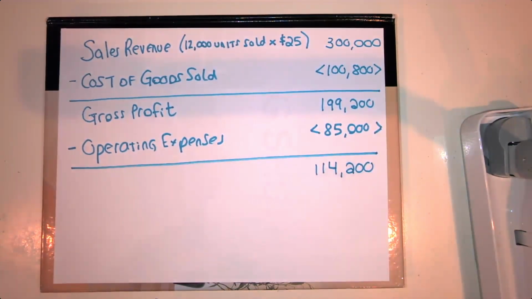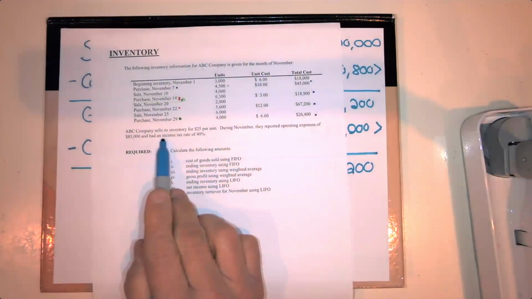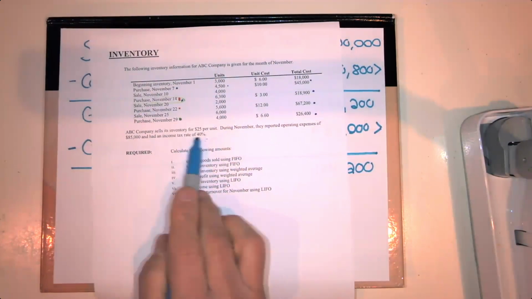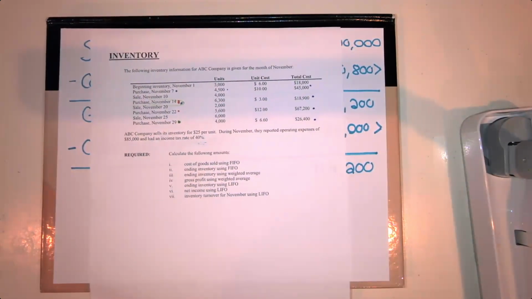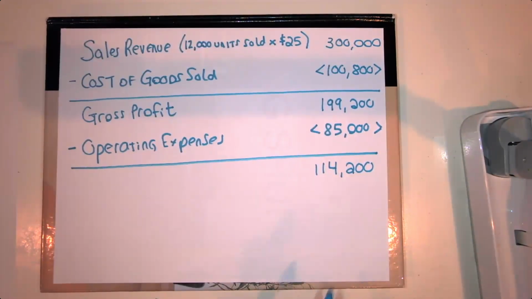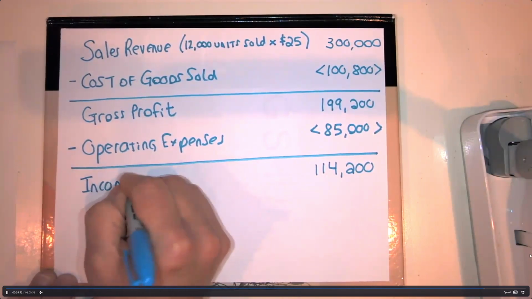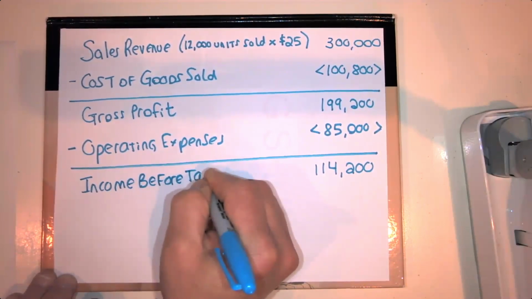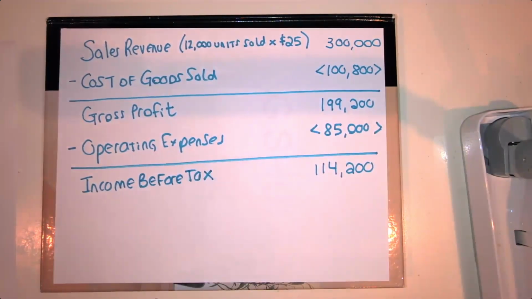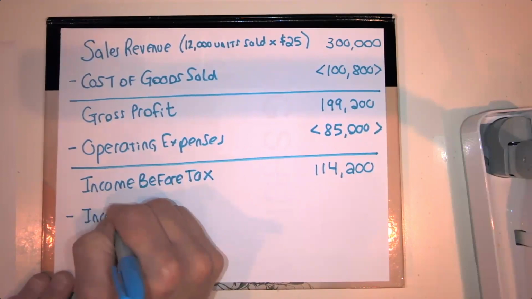But I have to recognize I have still not yet accounted for our taxes. All the problem says is we had an income tax rate of 40%. So let's call this 114,200 our income before tax. We still have to subtract the income tax expense.